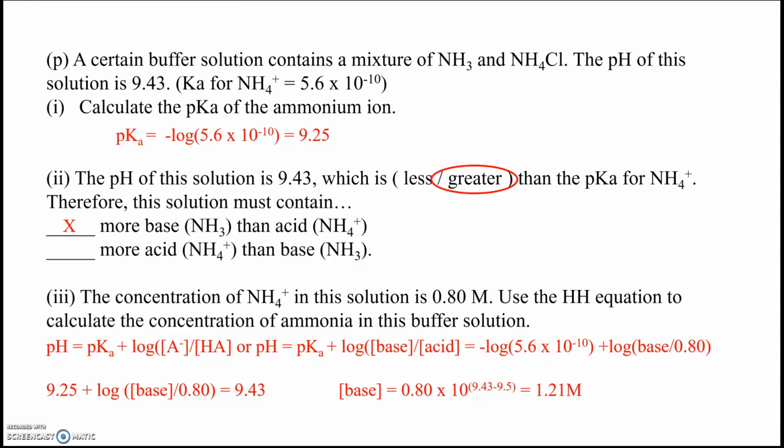So moving left to right across the top line, I've put in all the things that I don't know, and going down to the second line, 9.25 plus the logarithm of the concentration of the base divided by 0.8, which would be the concentration of ammonium hydroxide. I get 9.43, and I can rearrange this to solve for the base, and I get 1.21 molar.